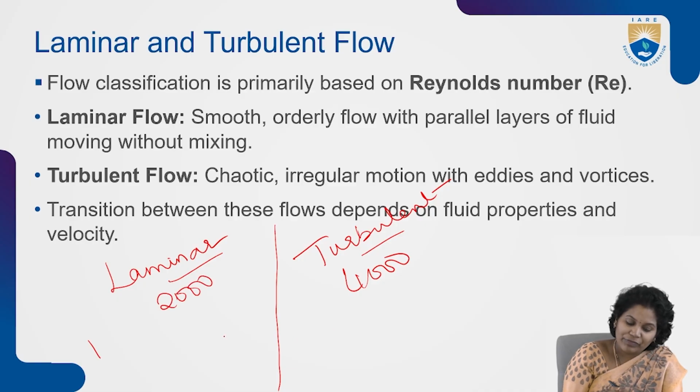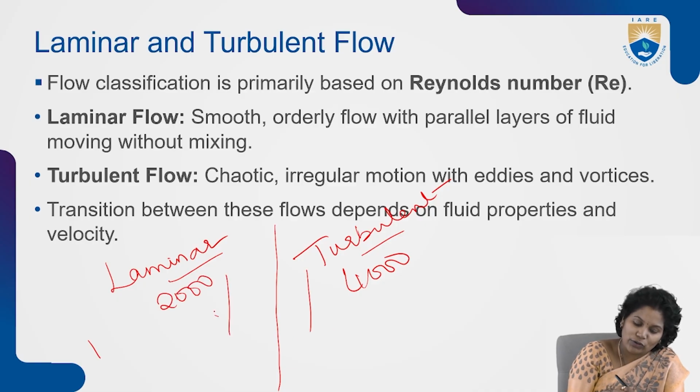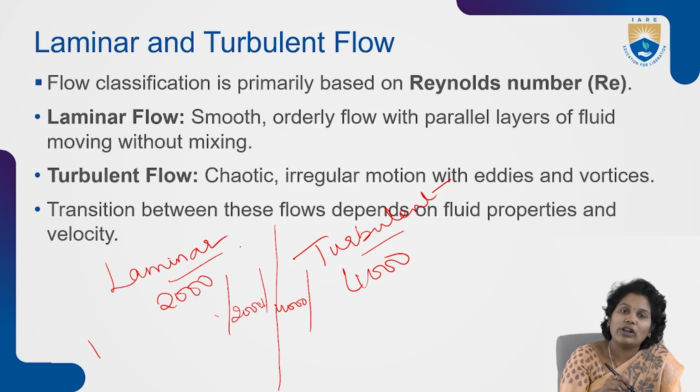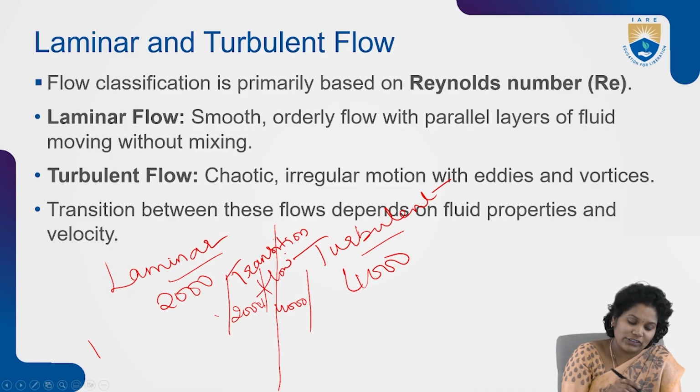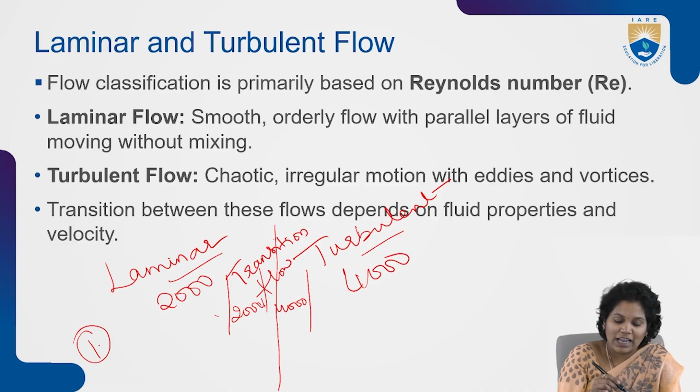In between, from 2000 to 4000, is the flow we call transition flow. So the differentiating factor for laminar and turbulent flow is the Reynolds number.